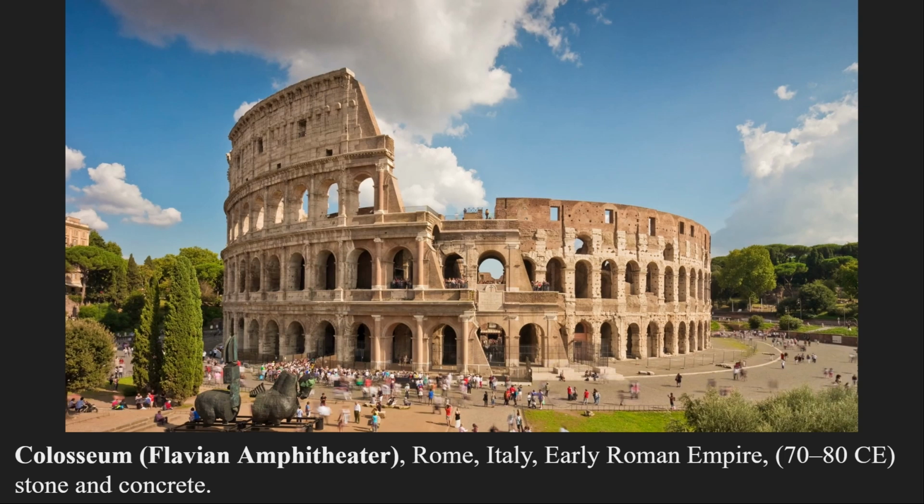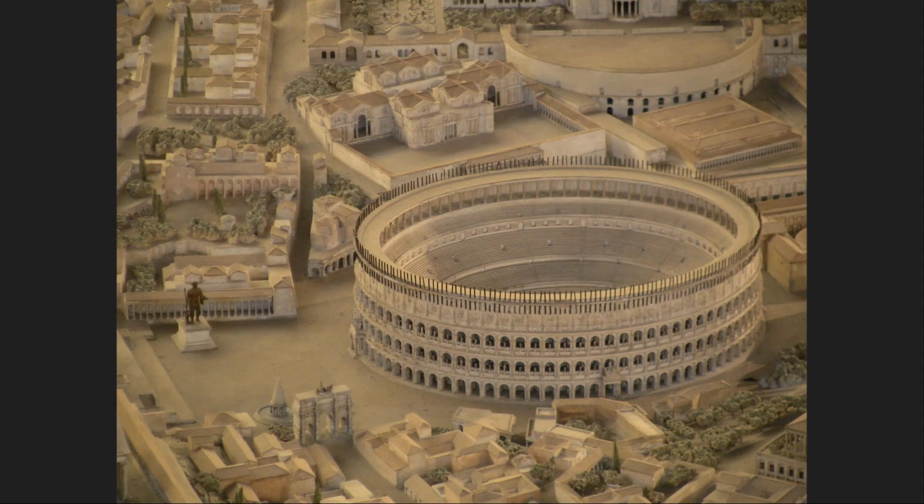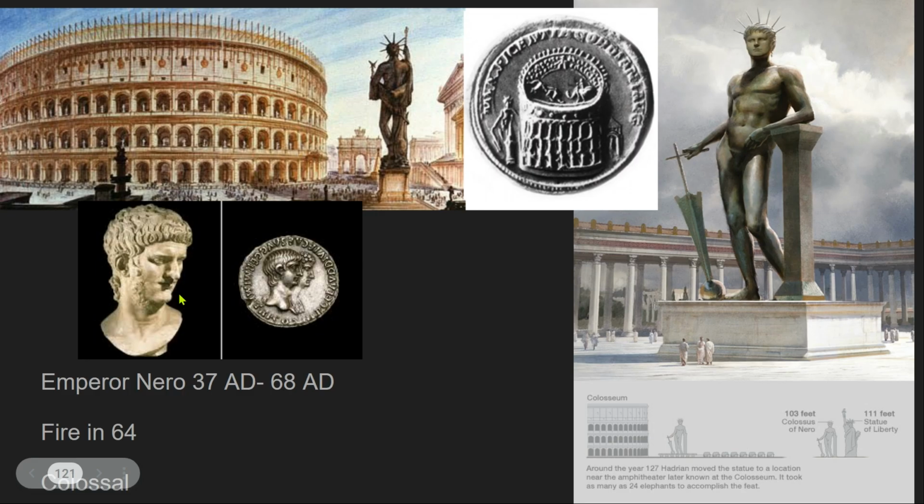So, we said this is the Flavian Amphitheater, but why is it known as the Colosseum? Here's what it looked like originally, and I want to draw your attention to this colossal statue right here. So, end of the Claudio-Julian line, we have Emperor Nero. You may have heard of him. He's known to be notoriously psycho.